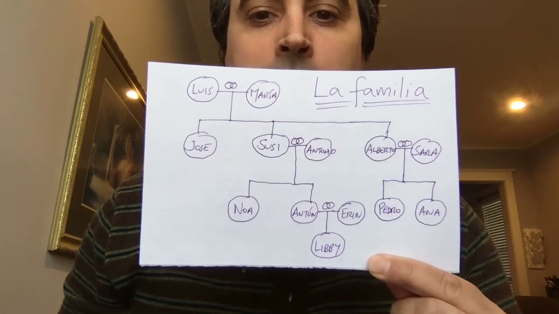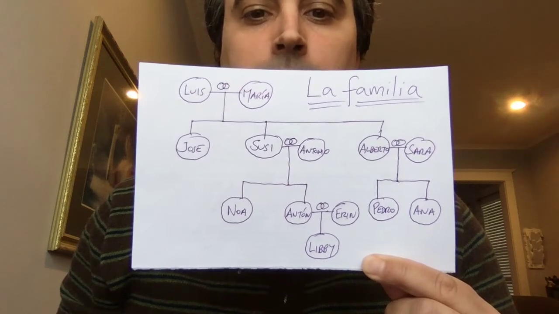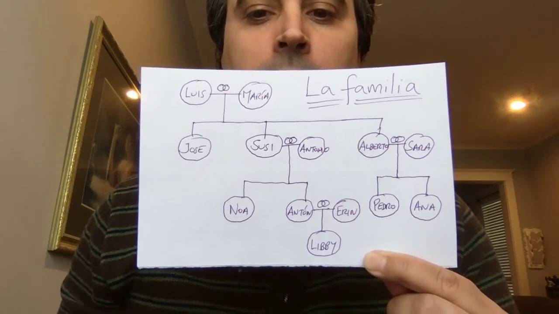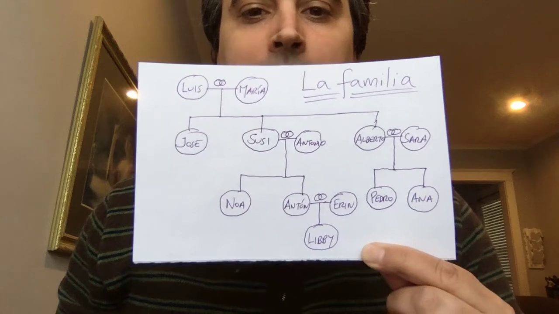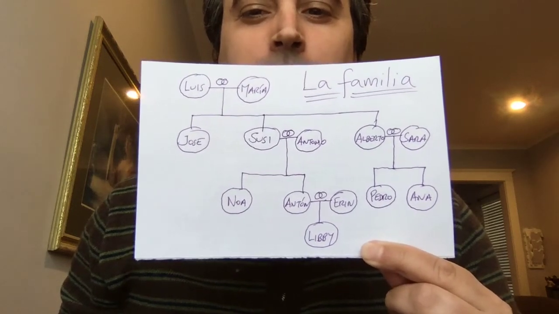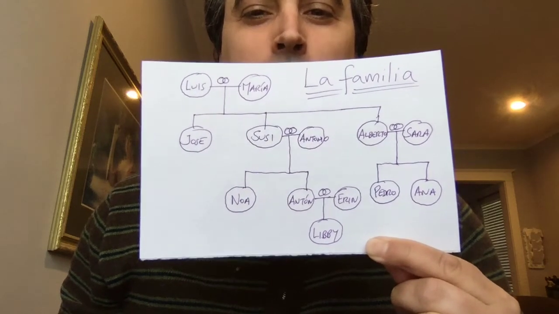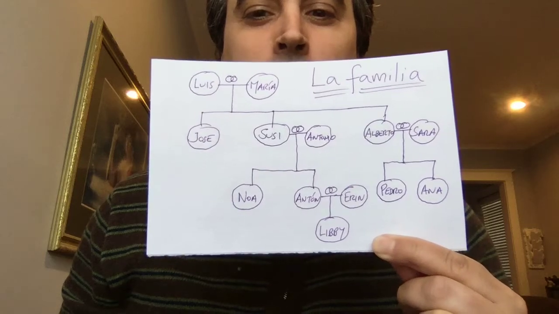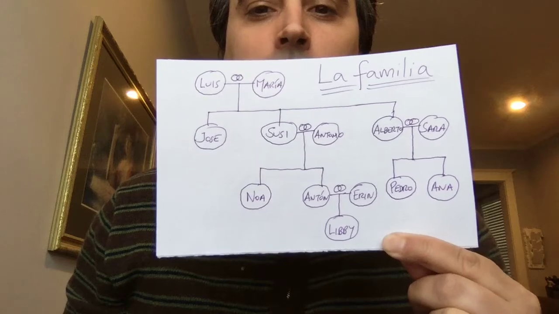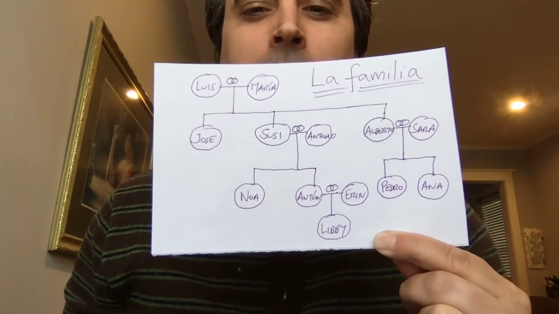Antonio es el padre de Antón. ¿Quién es Erin? Erin es la esposa de Antón. ¿Quién es Pedro? Pedro es el primo de Antón. ¿Quién es Libby?